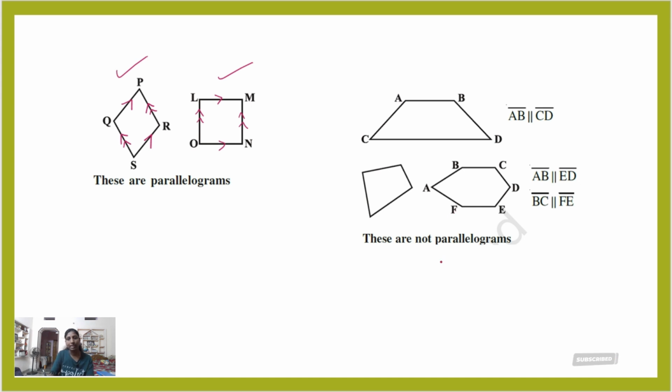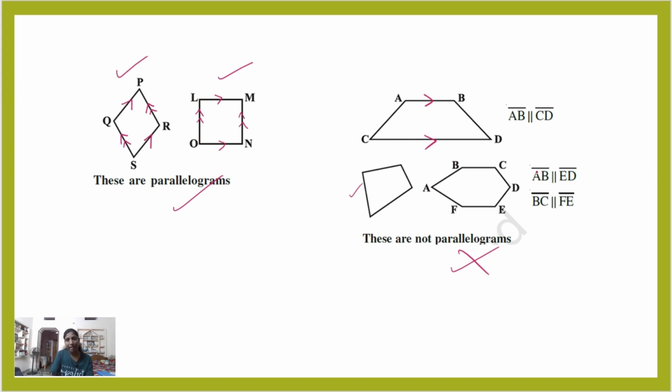But here on the right side, these are not parallelograms. Why? Because here AB and CD are parallel. One pair of opposite sides is parallel but the other pair is not parallel. So it is not a parallelogram. Here no pair of opposite sides is parallel.